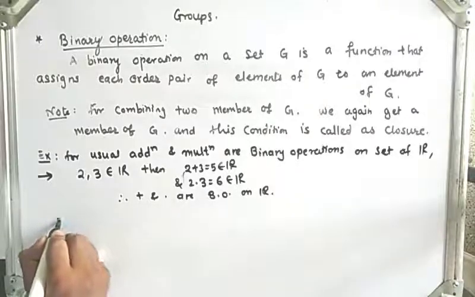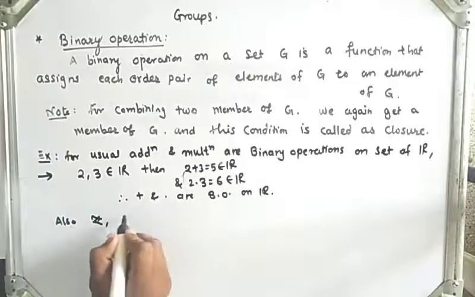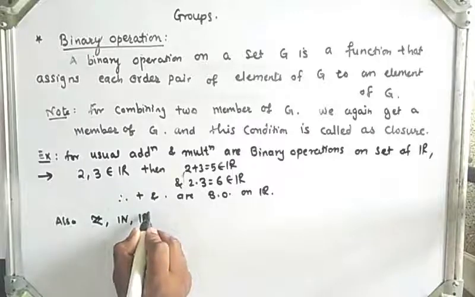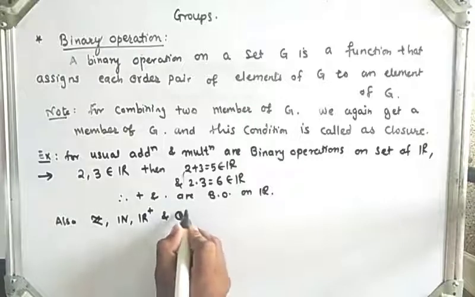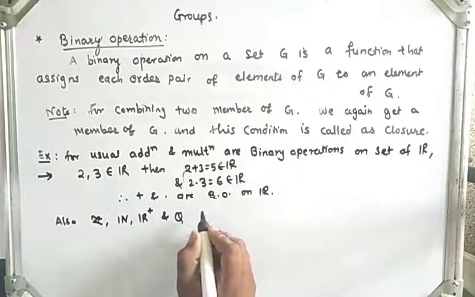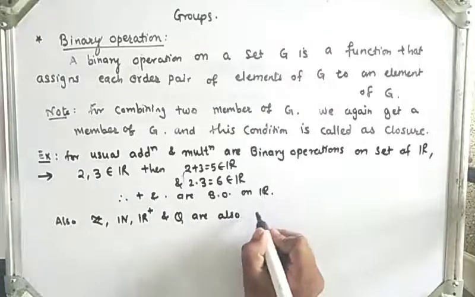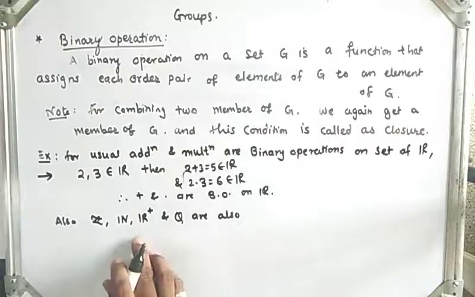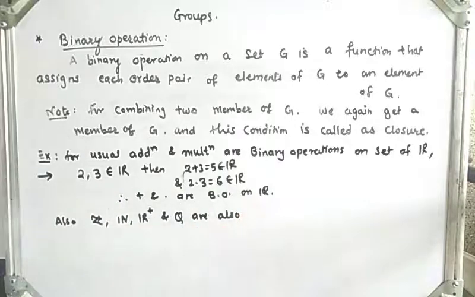Also, for example, the set of integers, the set of natural numbers, the set of positive real numbers, and the set of rational numbers: addition and multiplication are binary operations on them.